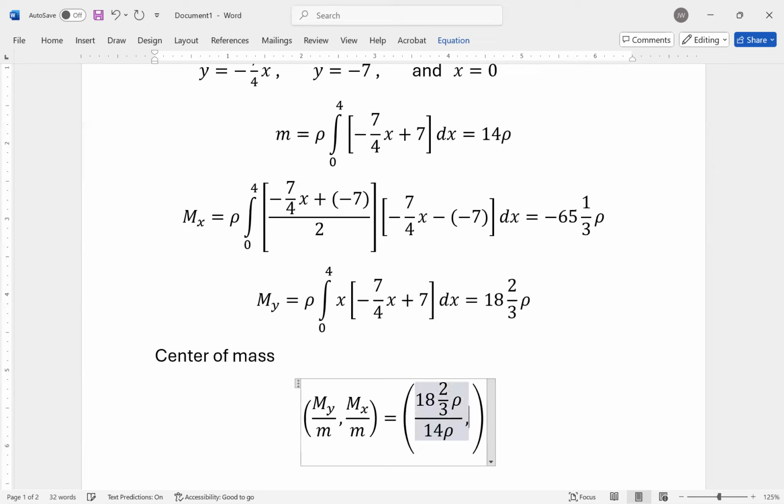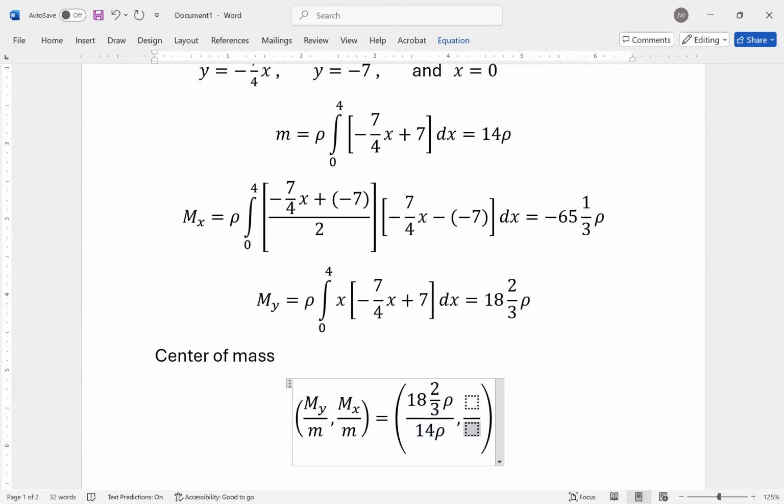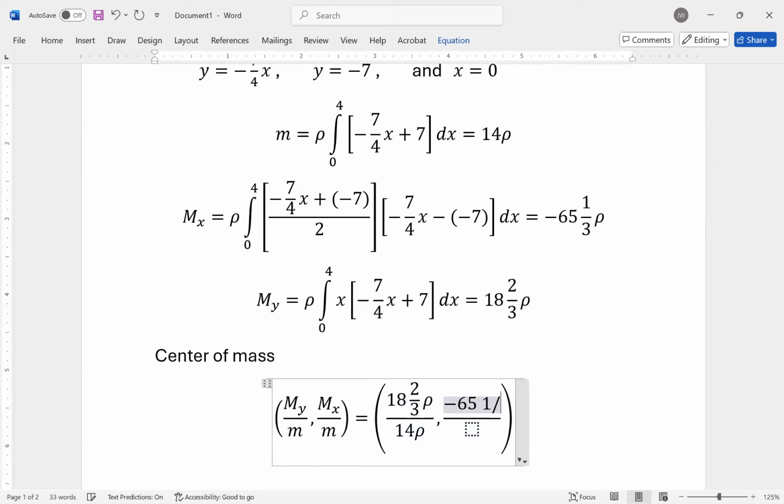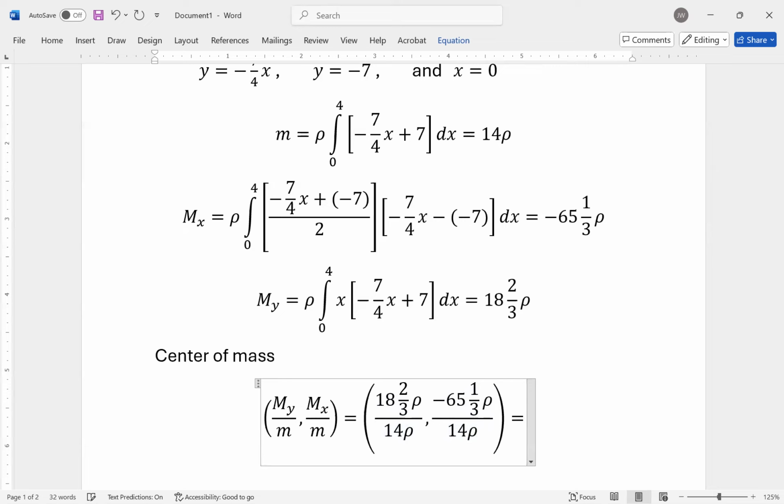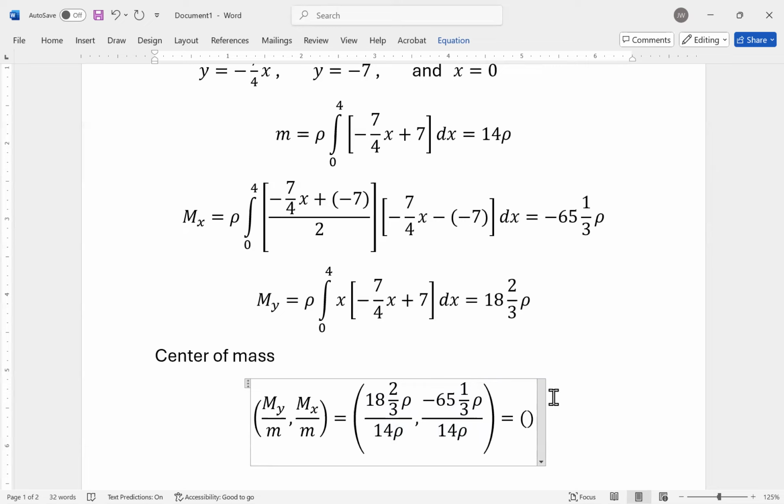To get my y coordinate, I would take negative 65 and a third times rho divided by 14 times rho. All the rho's are going to cancel out, and I'll get some numerical value. So 18 and 2/3 divided by 14 gives me 1 1/3.